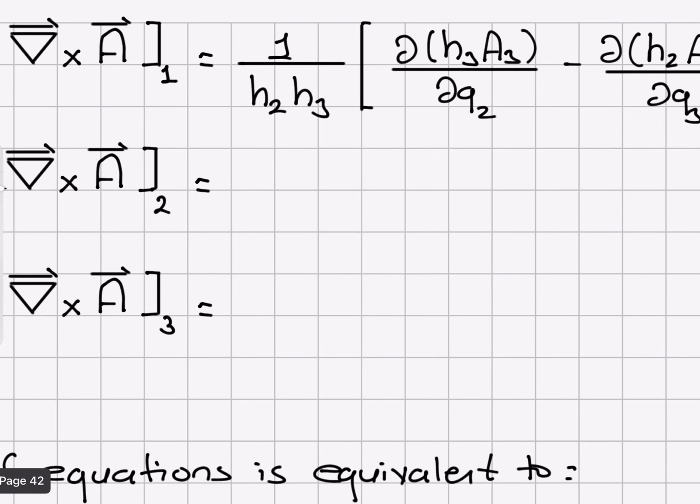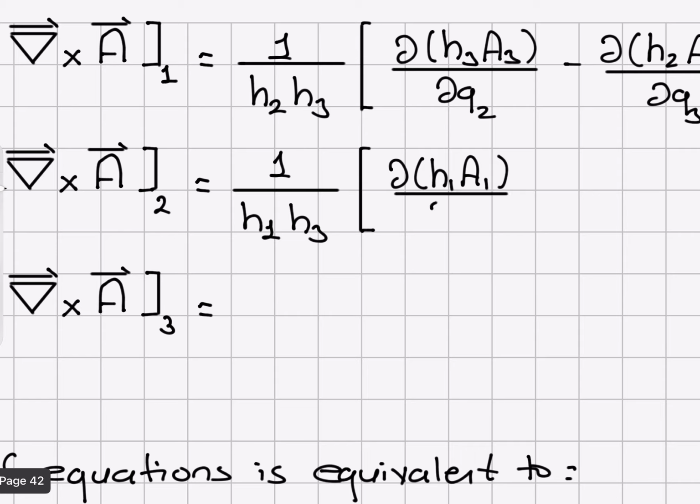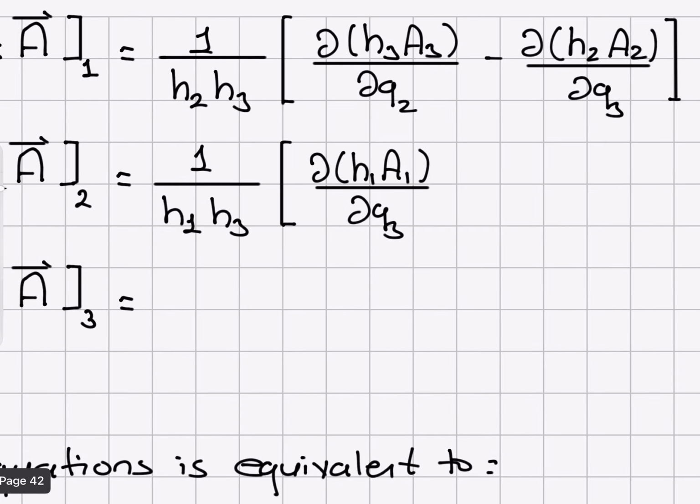If I continue with the same thing for the second component, then I would have 1 over H1, H3. This time I will have partial derivative of H1, A1 with respect to Q3 minus the partial derivative of H3, A3 with respect to Q1.